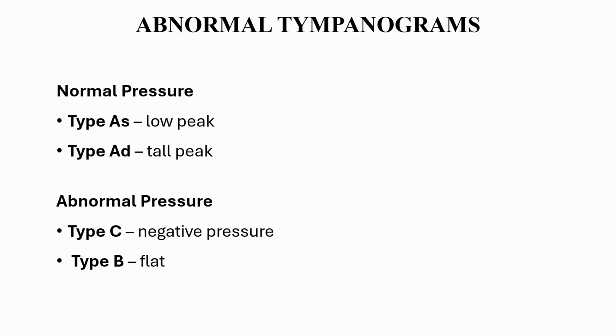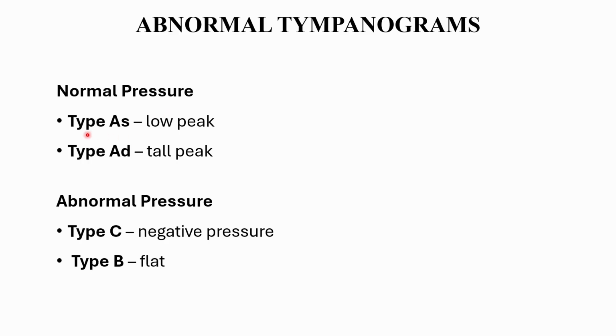Now some abnormal tympanograms. There are basically two major types. One in which the pressure will be normal and compliance has a problem, and in the second one there will be a problem with the pressure.